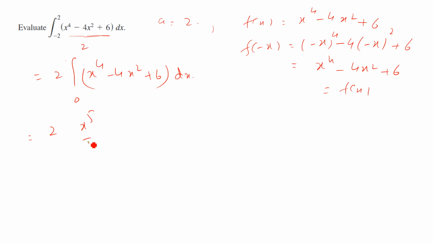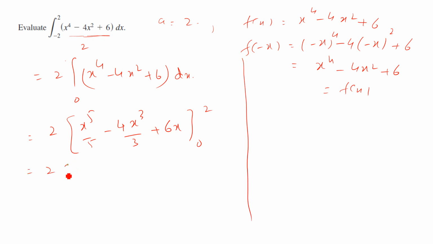And this is equal to 2 times, now just integrate it and plug in the limits. So x^5 over 5 minus 4x cubed over 3 plus 6x, from 0 to 2. This is equal to 2 to the power 5 over 5 minus 4 into 2 cubed divided by 3 plus 6 into 2, and minus 0, because plugging in 0 will make it 0.